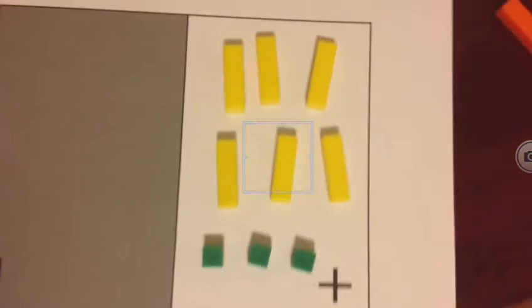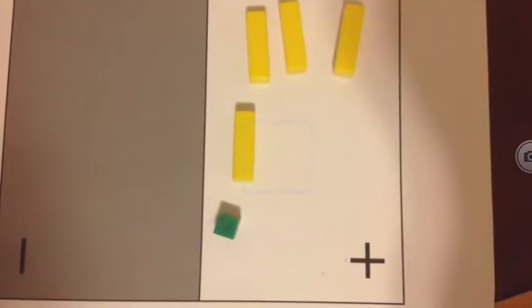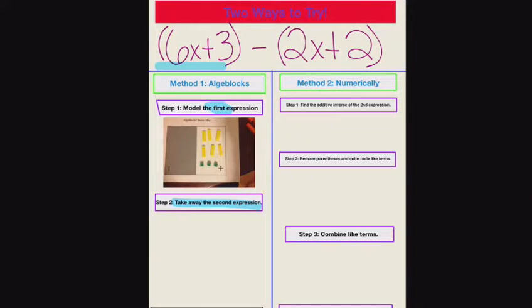Again, we're going to take away 2x and 2. I'm taking 2x away. It's gone. Say goodbye. And also taking away 2. So here's what we're left with. Go ahead and take a picture and drop that into GoodNotes.